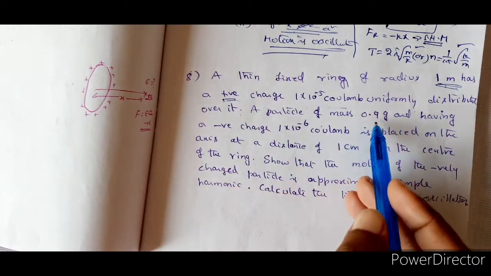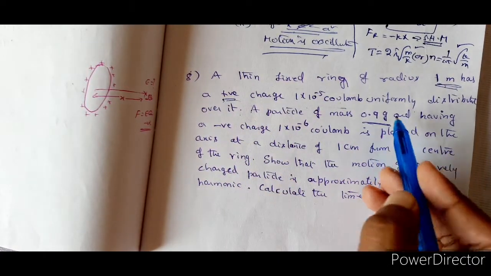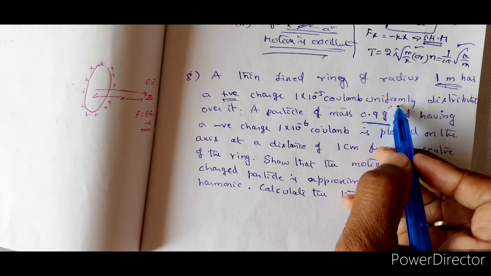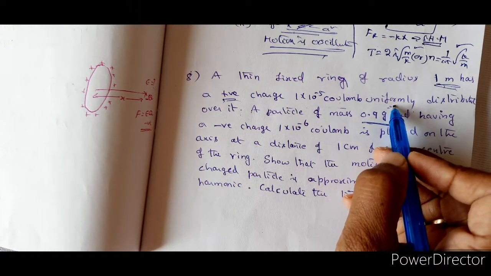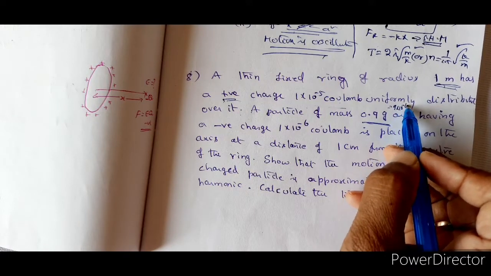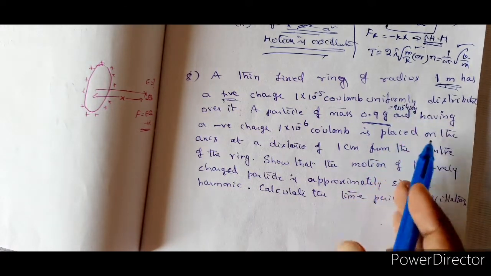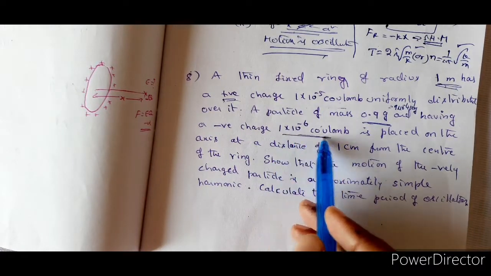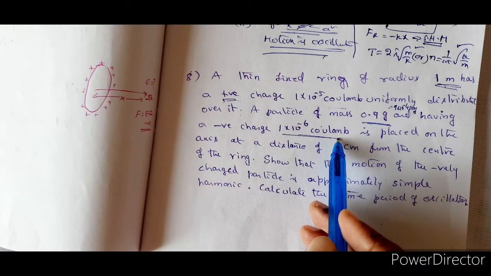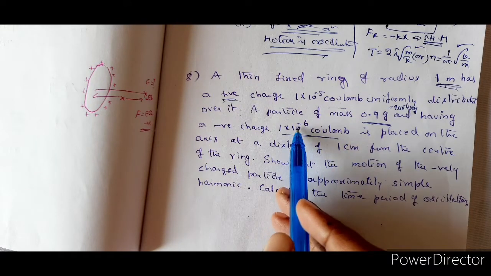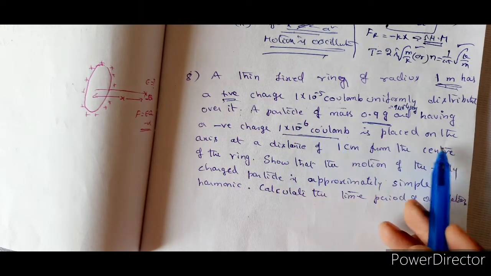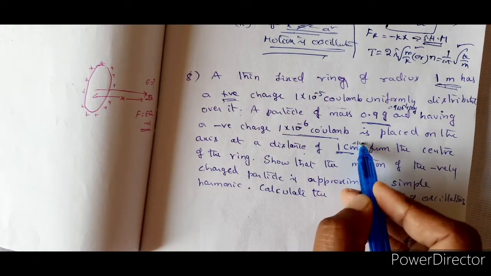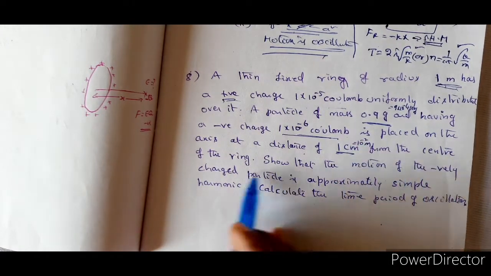Now a particle of mass 0.9 grams, that means 0.9 into 10 power minus 3 kilogram, so 9 into 10 power minus 4 kg, having a negative charge of 1 into 10 power minus 6 coulomb, is placed on the axis at a distance of 1 centimeter, that is equal to 10 power minus 2 meter, from the center of the ring.